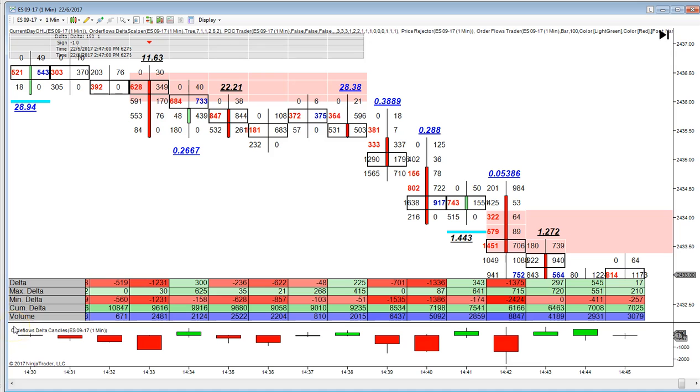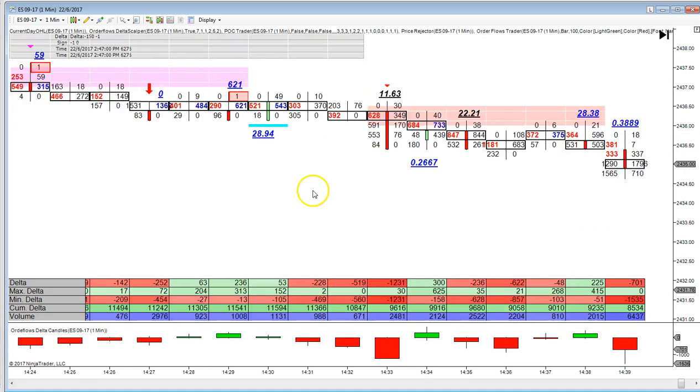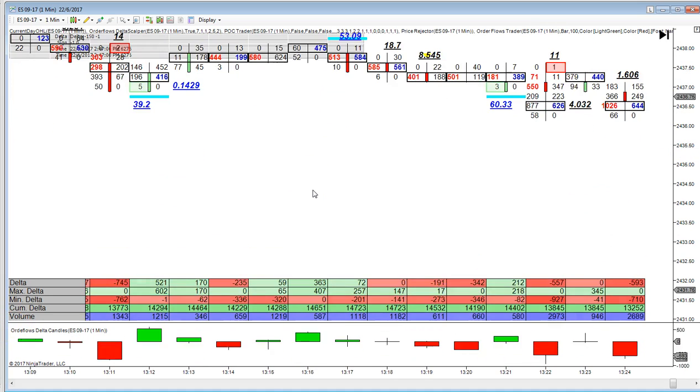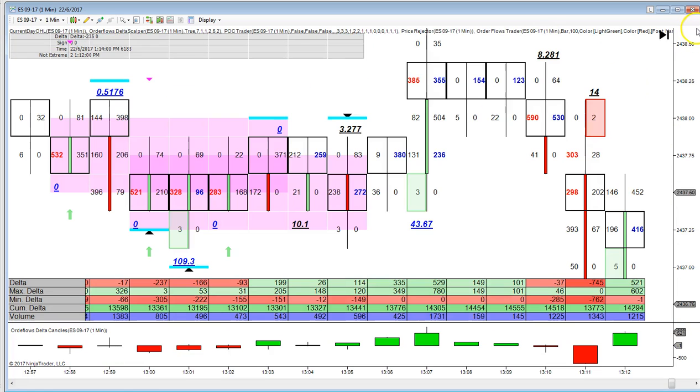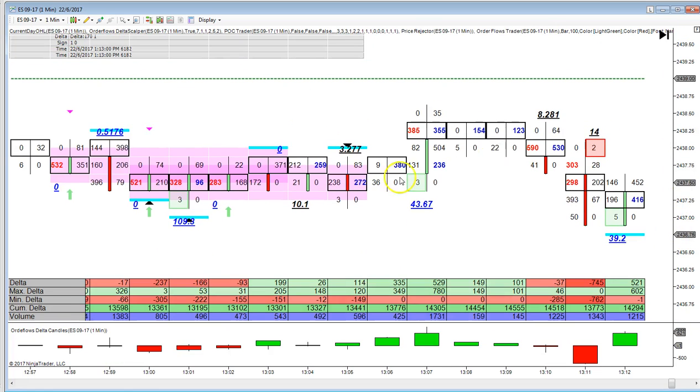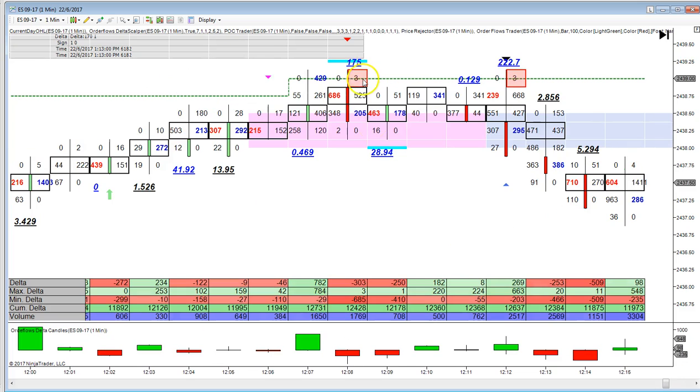Cumulative delta right here. We'll walk it back up to when we made the high. So you're at your high of the day up here, you've got ratio and divergence. At this point, you've got a very positive cumulative delta, 12,000.